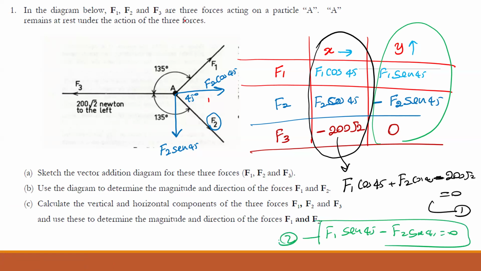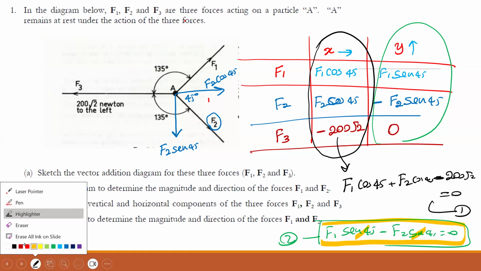You have two simultaneous equations and two unknowns, which are F1 and F2. So you should be able to solve the two simultaneous equations and find the unknowns. This is an easy question because here you can say F1 equals F2. Sine cancels out, because if you divide everything by sine 45 it cancels out, and F1 is equal to F2.